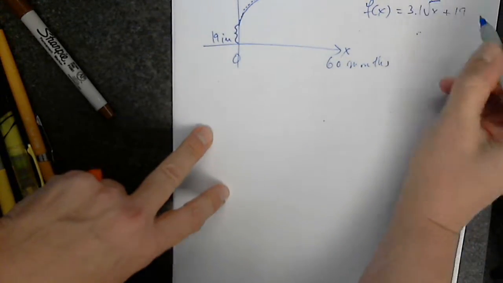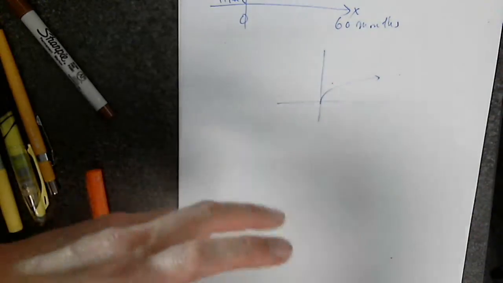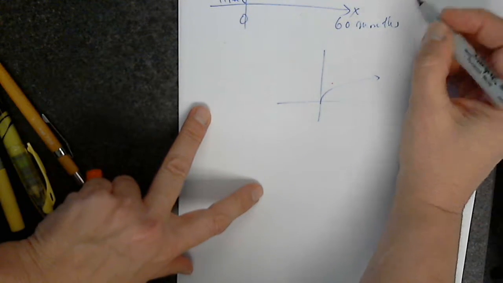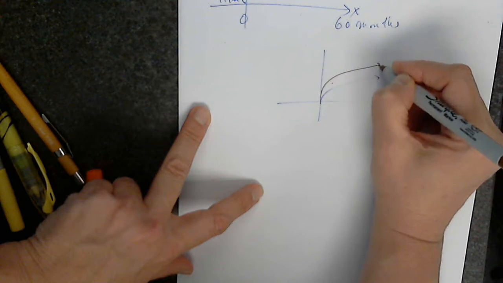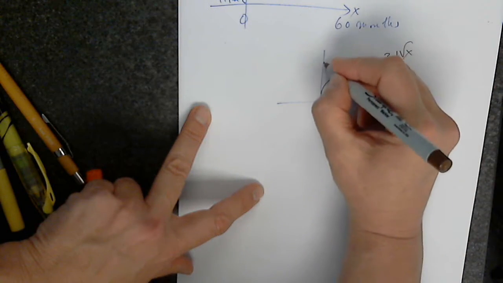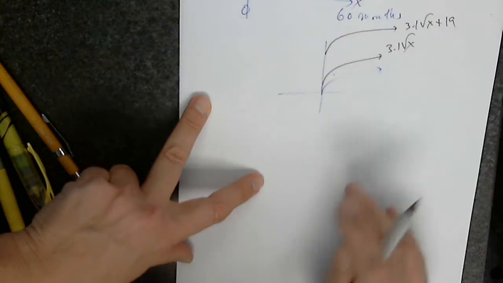So what transformations are involved here? First of all, I have the square root of x. Square root of x, then multiplied by 3.1 will be this. And then up 19. So 3.1 the square root of x plus 19.